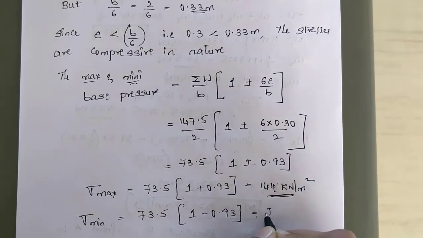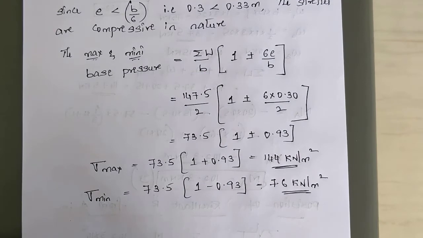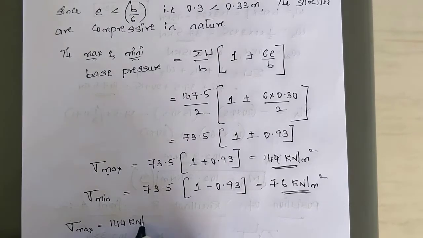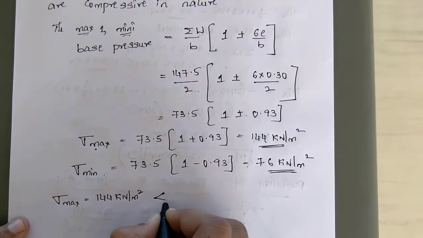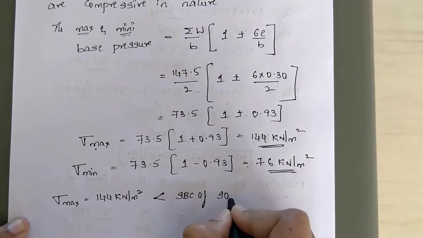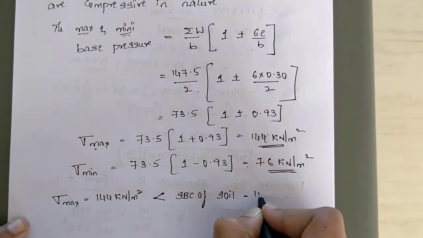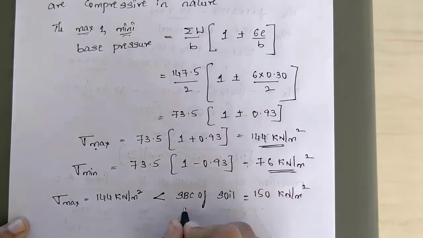You will get 7.6 kilonewton per meter square. Then compare sigma max with the SBC of the soil. Sigma max equals 144 kilonewton per meter square, which is less than the SBC of soil, that is 150 kilonewton per meter square, which is given in the problem.